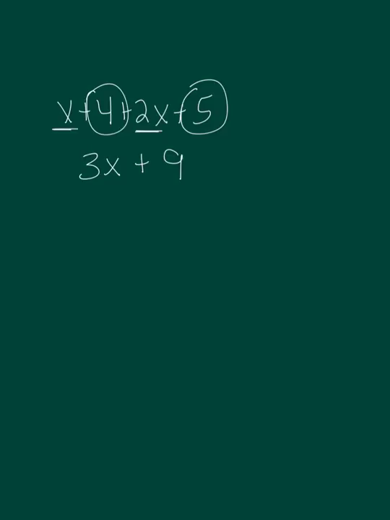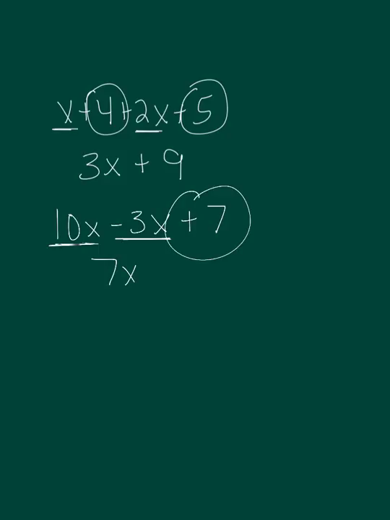Then we have 10x minus 3x plus 7. Our like terms, again, are going to be minus 3x and 10x. And so 10x minus 3x is 7x, and then plus 7.